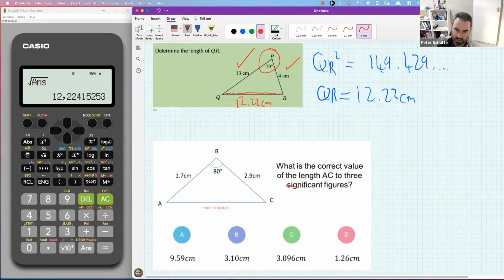Oh, don't worry about the significant figures thing. I'm not going to worry about that. It's a different type of idea. Just worry about the length of AC to 3 decimal places.